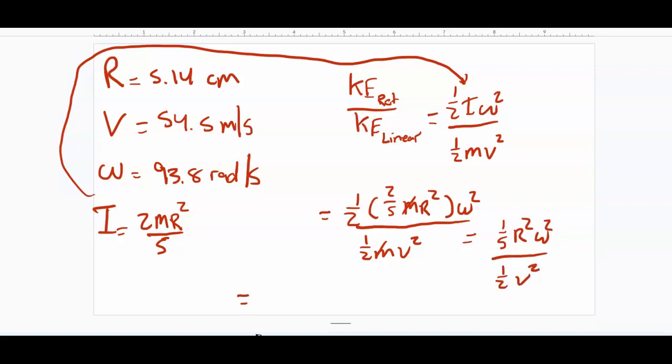And then all I need to do from there is plug in all of the numbers. So I have 1/5, so 1 divided by 5, which is 0.2. I multiply by the radius squared. Please don't forget to convert. This needs to be converted to meters, so that would be 0.0514 squared, times omega squared, so times 93.8 squared.